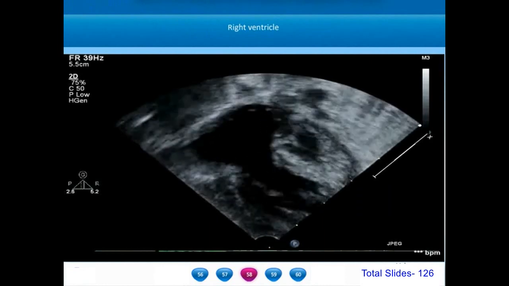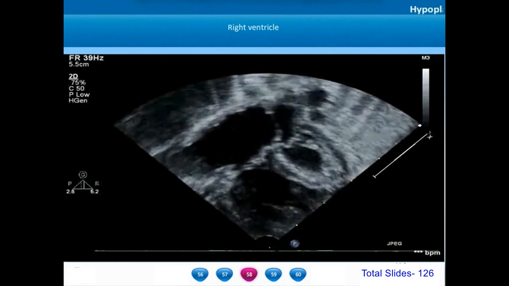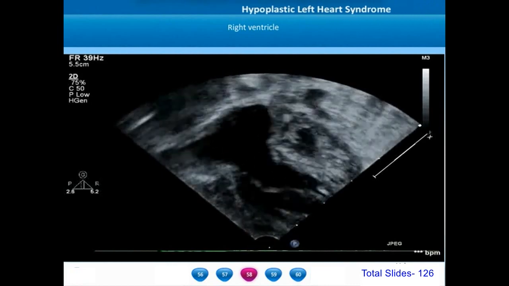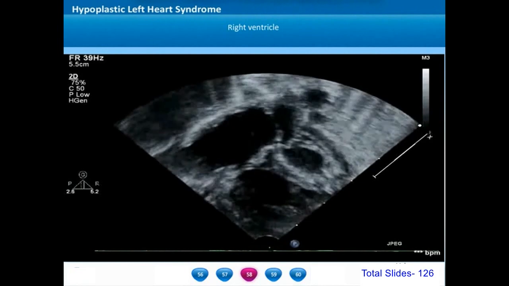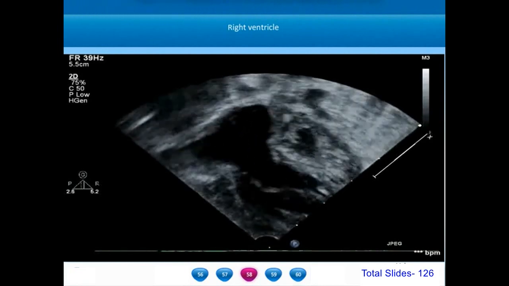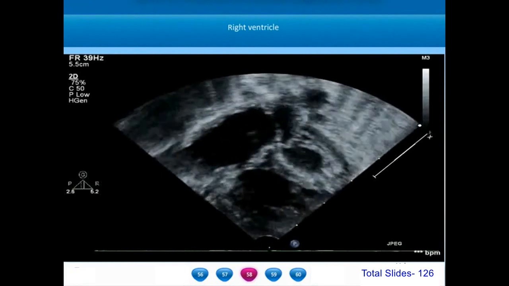A good right ventricular systolic contractility indicates a very good prognosis in patients with hypoplastic left heart syndrome. This is an example of a patient with hypoplastic left heart syndrome with preserved right ventricular systolic contractility.